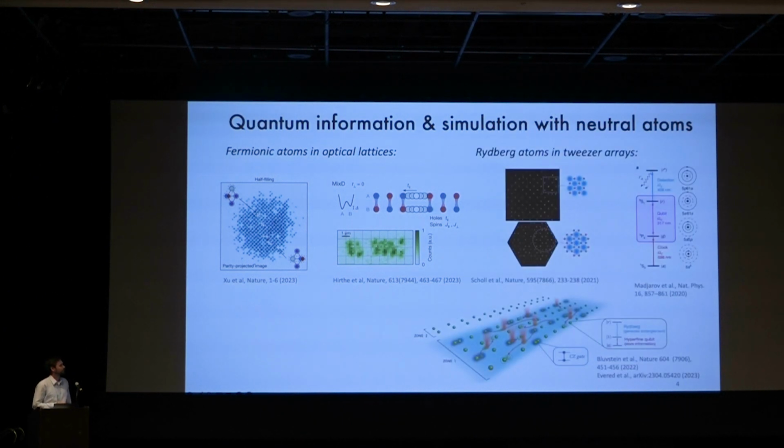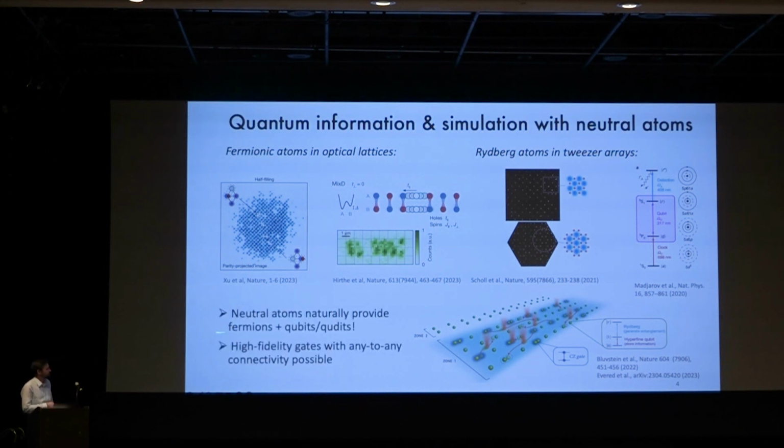And then we have heard also much about Rydberg atoms and tweezer arrays, which are used not only for analog quantum simulation, but also for these amazing digital developments where we move atoms around. We make heavy use of this Rydberg blockade effect to build entanglement gates. So this is just to say that the degrees of freedom I was talking about, namely fermionic matter, like in Fermi-Hubbard type systems, as well as internal levels, here in the case of qubits, but think of multi-level atoms to get qubits, are actually naturally available in neutral atoms.